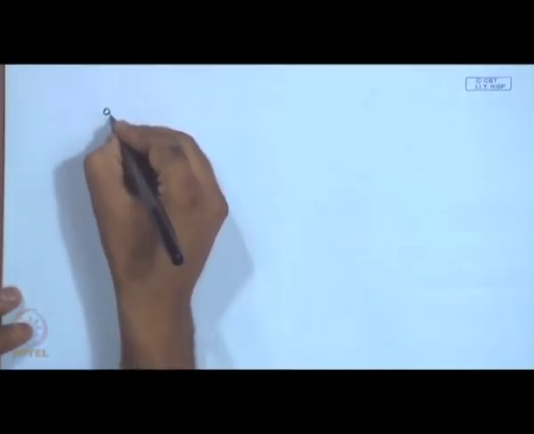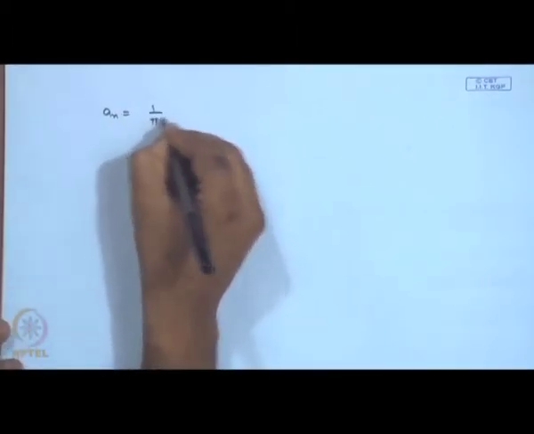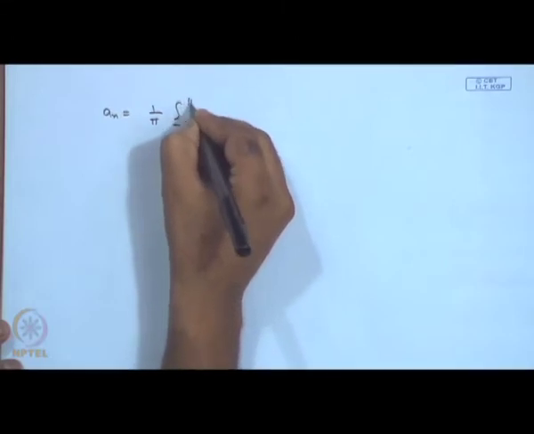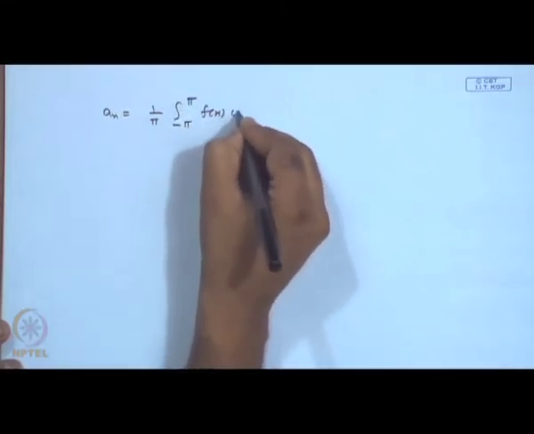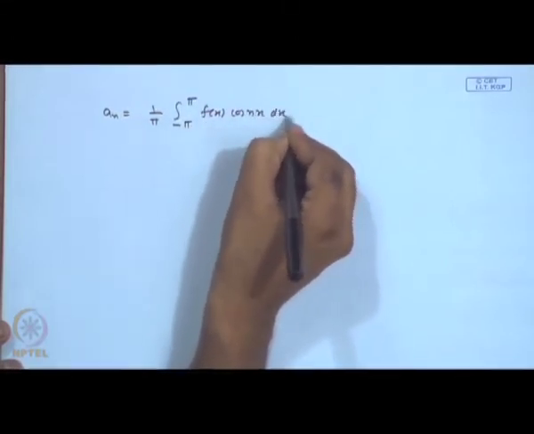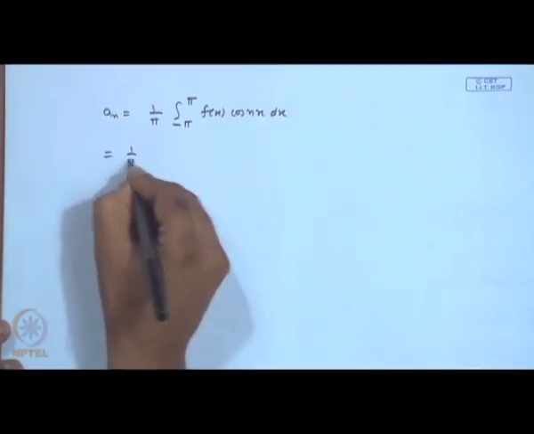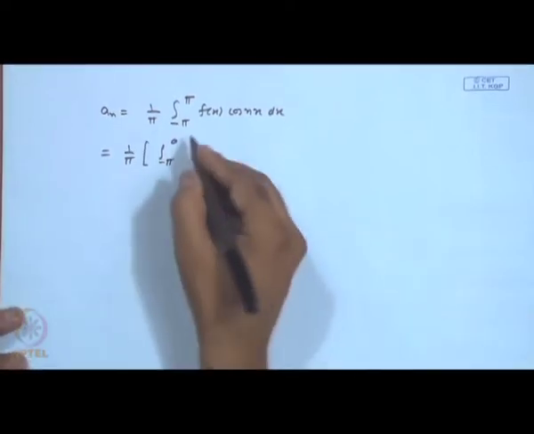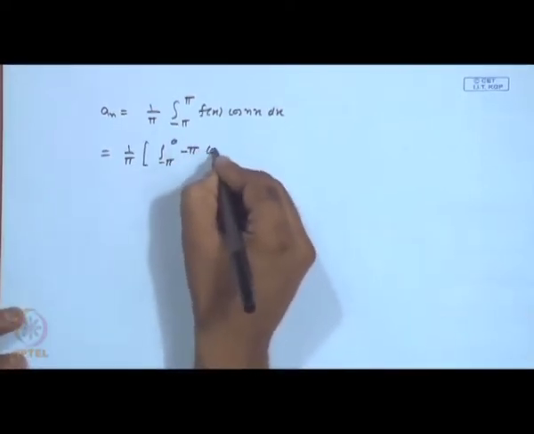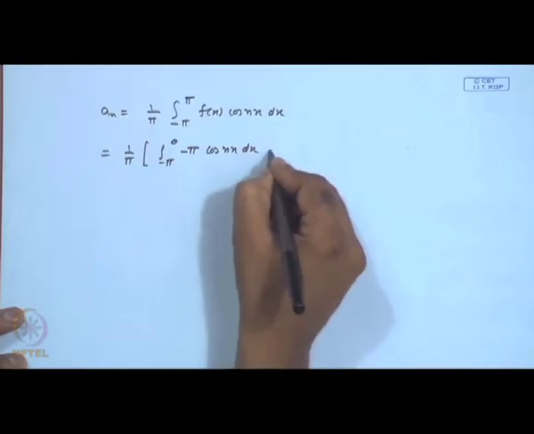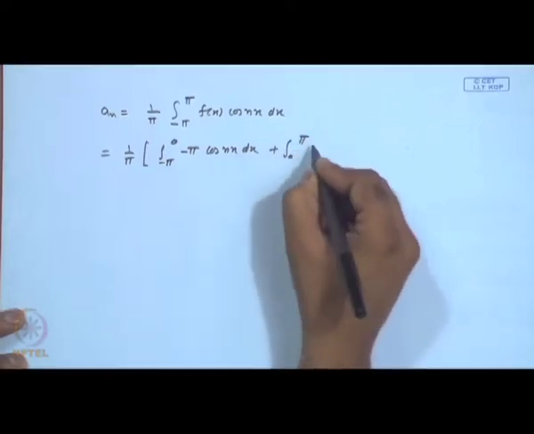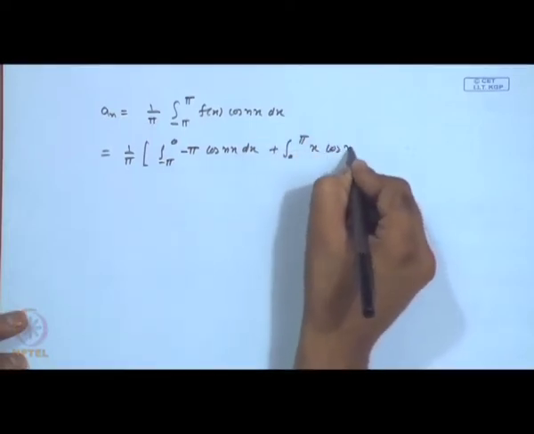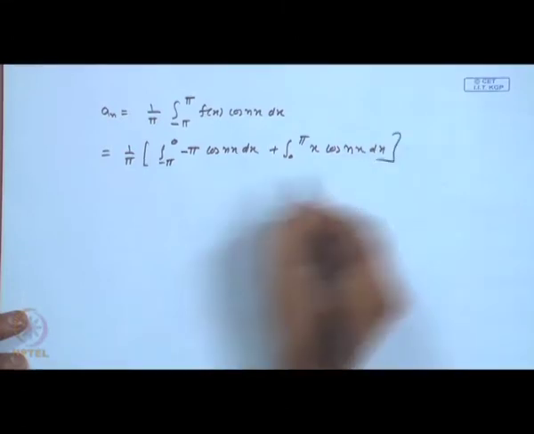Now, we calculate the a n for this function, a n is 1 over pi, integral from minus pi to pi of f x cos n x dx. We have 1 over pi, minus pi to 0 of minus pi cos n x dx, plus 0 to pi, and the function is f x cos n x dx.